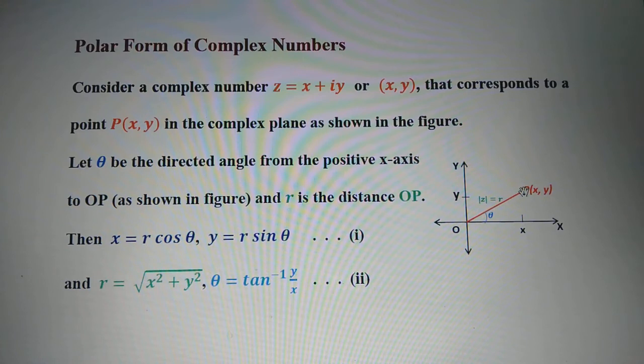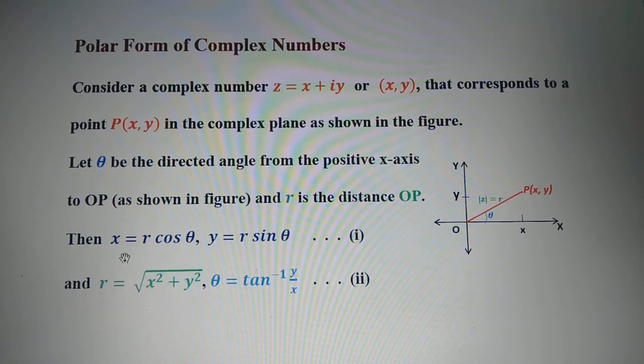So cos theta is adjacent by hypotenuse, that means x upon r is cos theta. So x is equal to r cos theta. Similarly sin theta is opposite, this line, which is y, upon hypotenuse r. So y by r is sin theta, meaning y is equal to r sin theta.